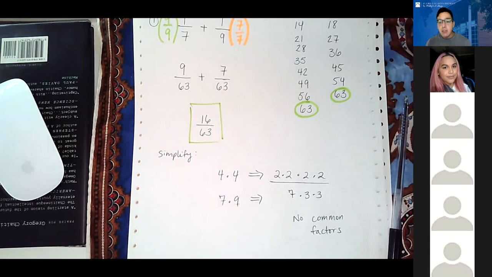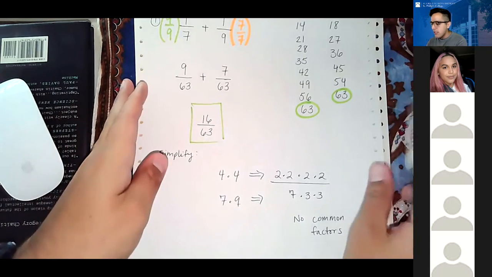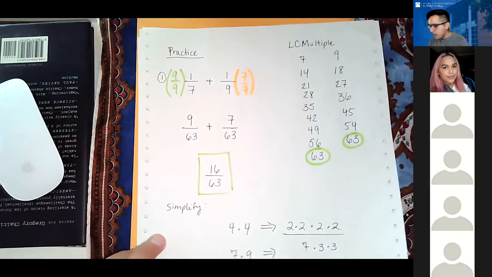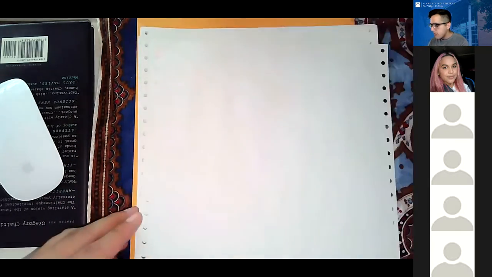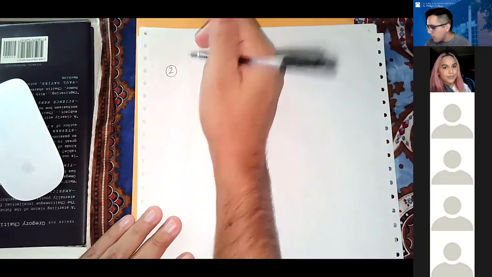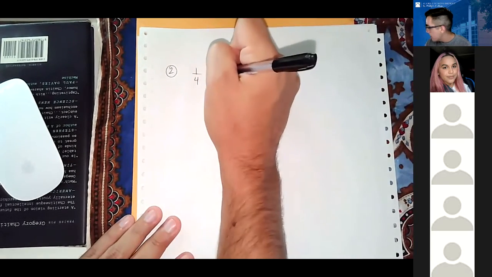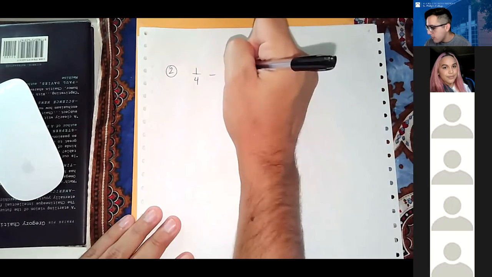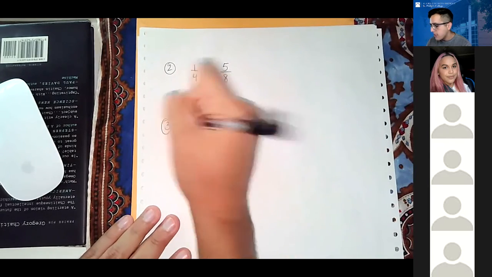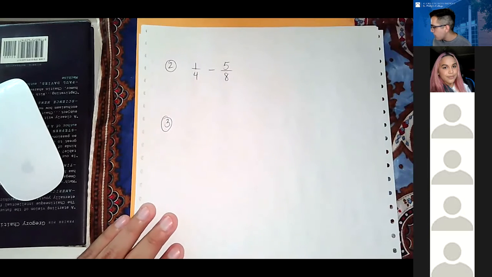So reducing the fractions adds a little bit of complication to our lives. But let's see about doing some more of these examples. So we need to do 1/4 minus 5/8. And you guys can write them down and then work them out along with me.